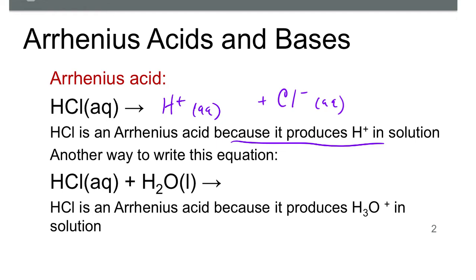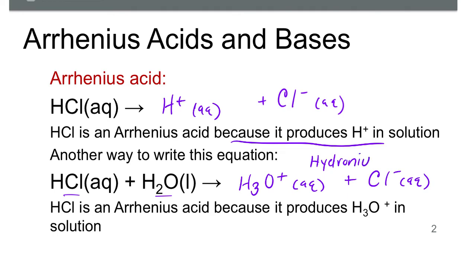But we can also write the equation showing HCl plus H2O forming H3O+ (aq) plus Cl-. And we refer to H3O+ as the hydronium ion.